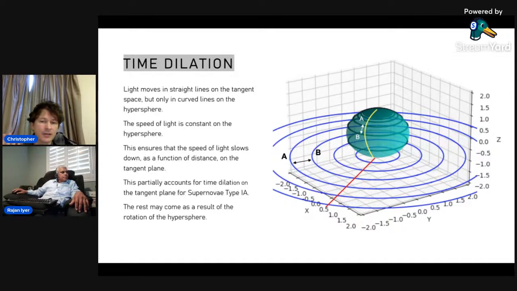So possibly the rotation of the hypersphere gives an extra amount, or there could be an additional amount due to the compression of the lines. There could be a logarithmic compression, or an additional linear feature added to the logarithmic compression. But that is something we'll have to look into later to find out if that's correct or not.